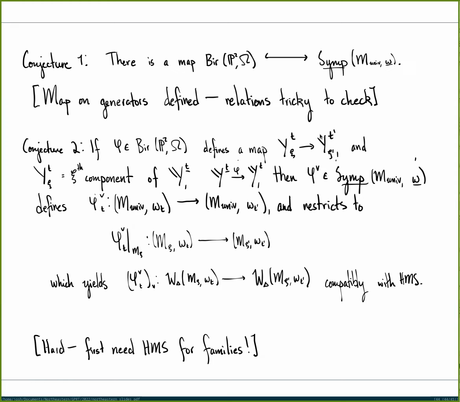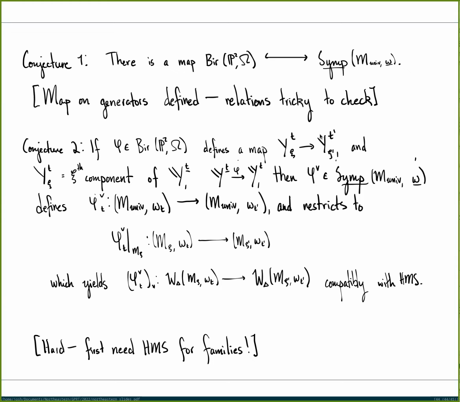So that's conjecture 2, that there is such a map. This conjecture says that everything acts as you'd expect. Once you restrict to one fiber of your family, and then restrict to the subdomains, you get an honest symplectomorphism of non-exact mirrors compatible with HMS. Assuming you found the correct mirrors, which is harder, this is work in progress with Andrew Kanazawa maybe, or other people.